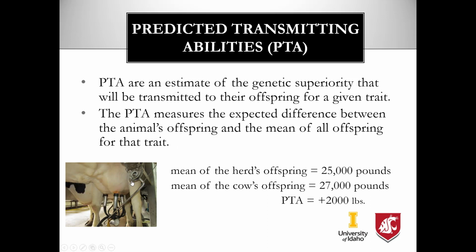If we were measuring a trait, in this instance milk yield, and the mean of the herd's offspring was 25,000 pounds of milk, and the average of the cow's offspring that we're looking at was 27,000 pounds of milk, the PTA would be the difference between the average and what her average offspring are, which is 2,000 pounds. So the PTA in this case for milk yield for this individual would be 2,000 pounds.